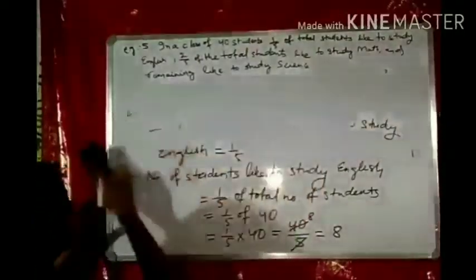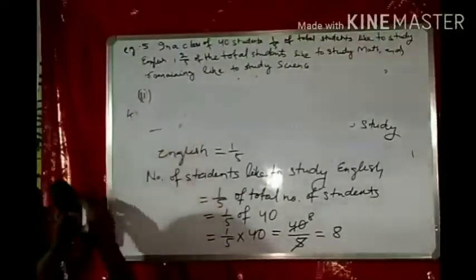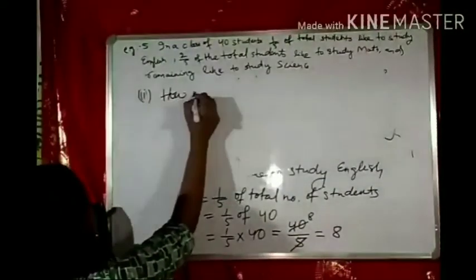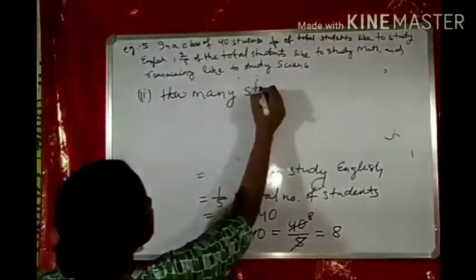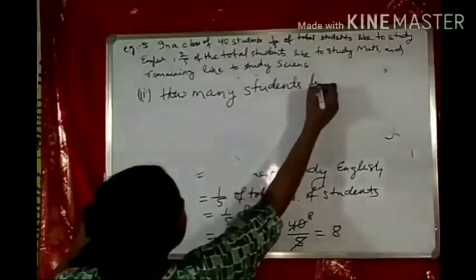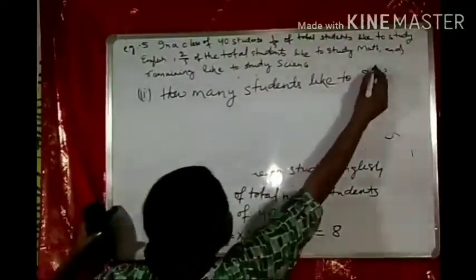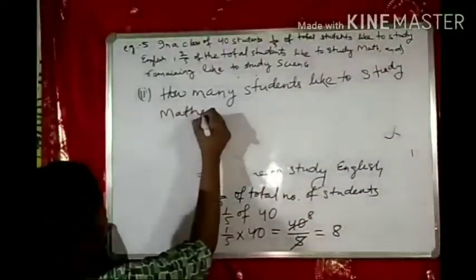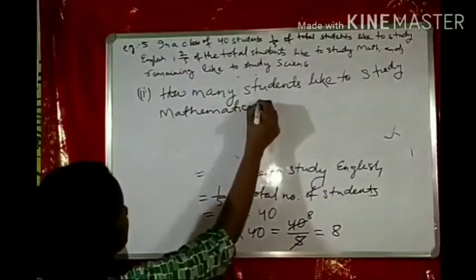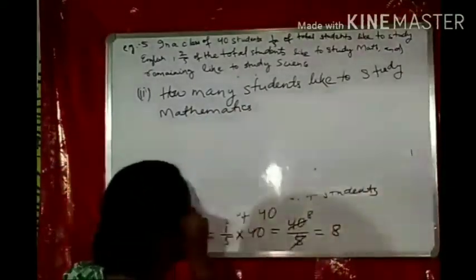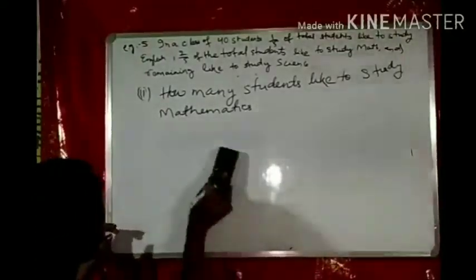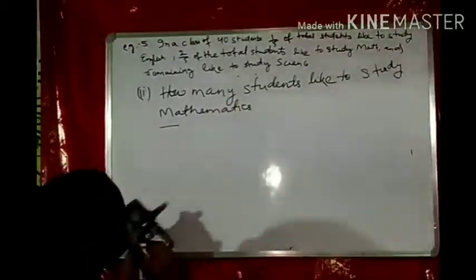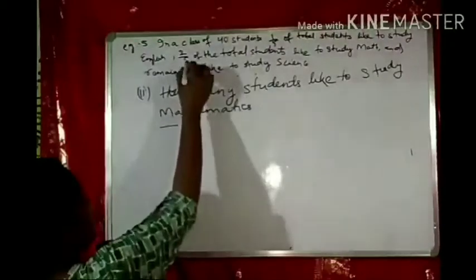Next we'll go to the number of students. Question number 2 is how many students like to study mathematics? Like this we can write down the same thing. So our fraction of students who like to study math is 2 by 5.